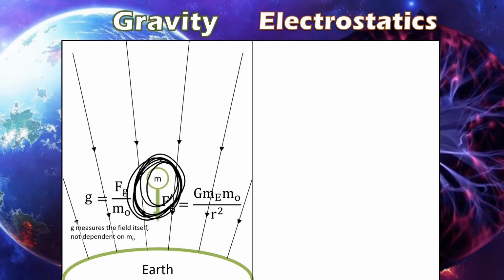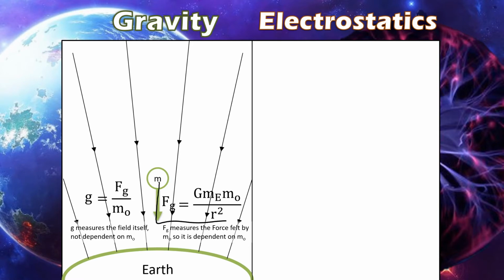The field was there before the mass was there, and we could measure its strength. The force due to gravity measures the force felt by that mass, so this is dependent on the mass. You need a mass here in order to feel a force, but you don't need a mass here in order to measure the field strength.